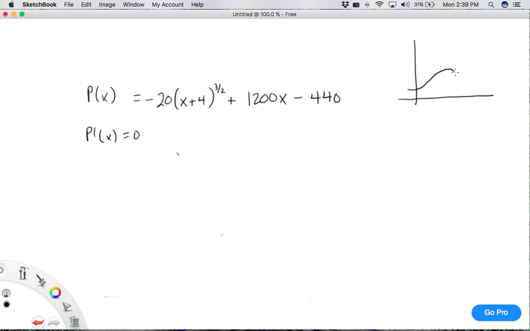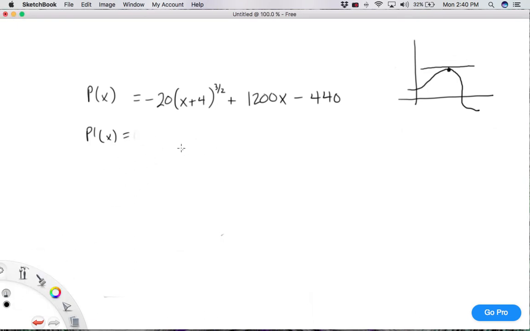Maybe it's something like this, and if it has a curve, then the maximum is always going to be where the slope of the tangent line is equal to 0, and that's always where the derivative is equal to 0. So we don't have to know what the curve looks like to know that we need to take the derivative and set it equal to 0.